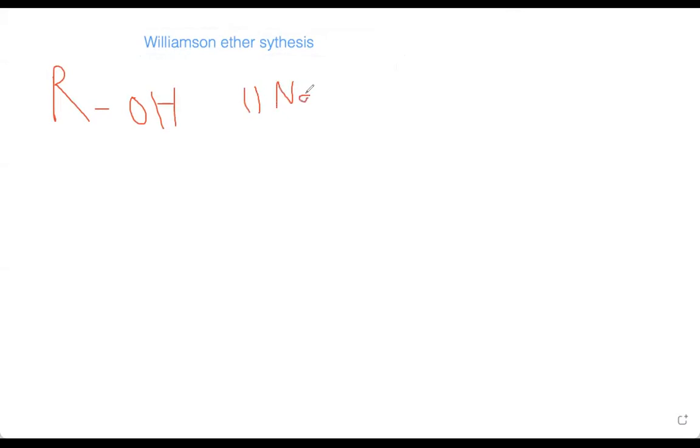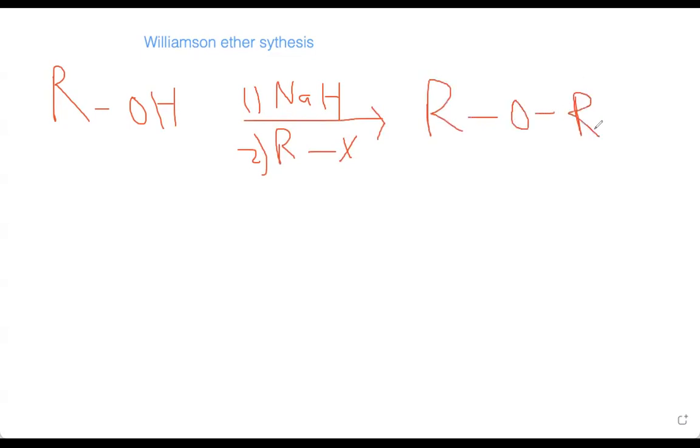This reagent is the best example I could give. It's the one you need. R over X. All right, guys. So that's Williamson ether synthesis.